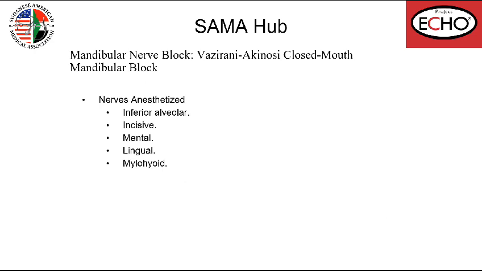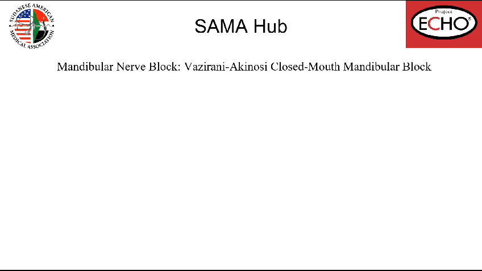The third technique is the Vazirani-Akinosi closed mouth technique, which is also not common in use, used by specialists. Nerves to be anesthetized: inferior alveolar, incisive, mental, lingual and mylohyoid, before giving off the branches, of course.